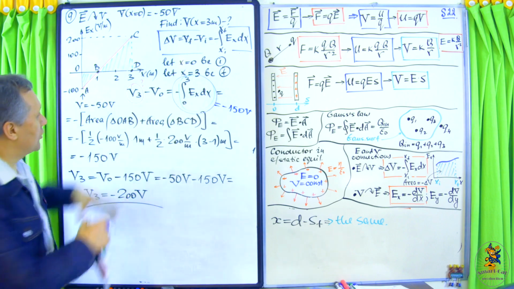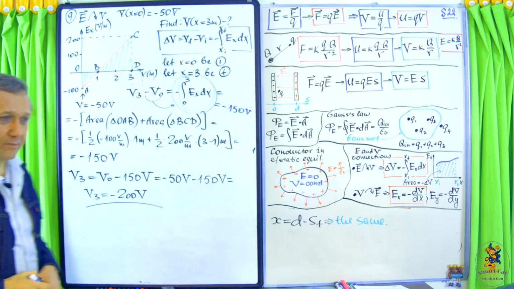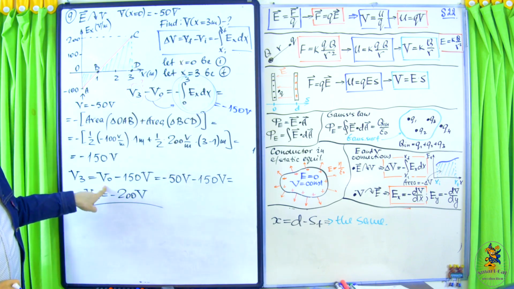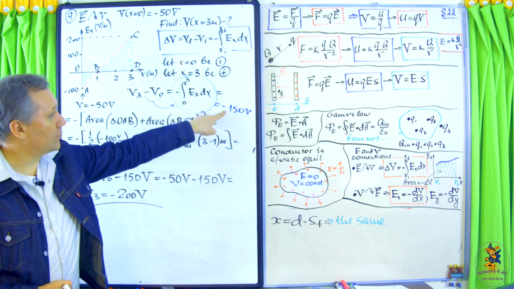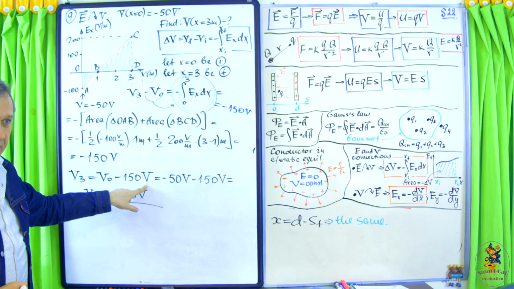Now I just need to move this term to that side with plus, plus V naught, and the value of that integral is minus 150. See it?